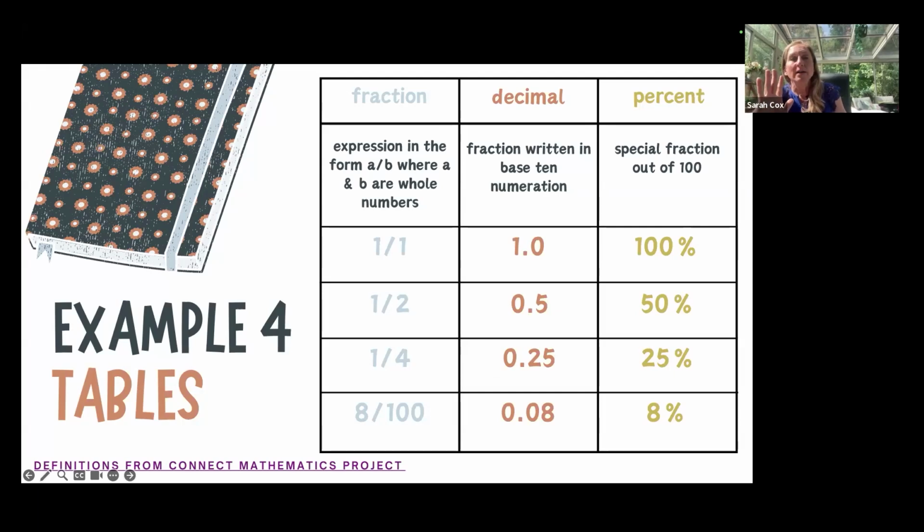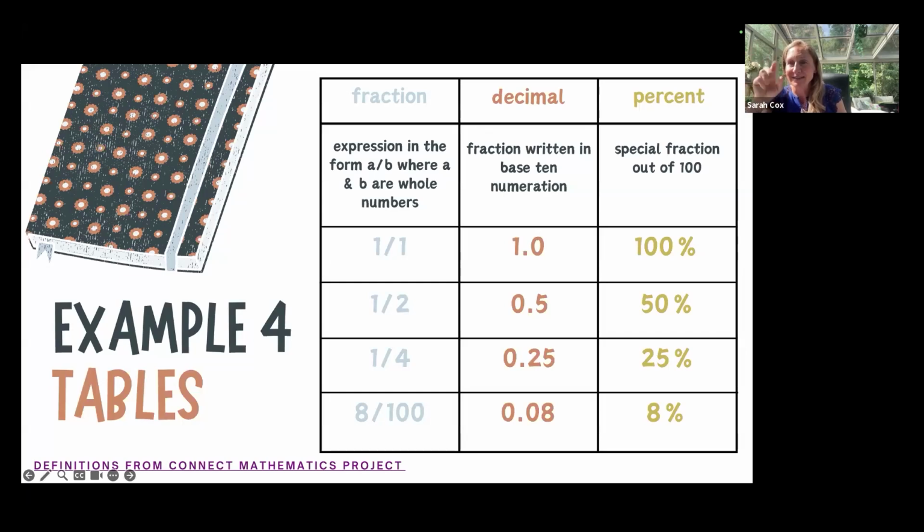So the official definition of a fraction is an expression in the form of A over B, where A and B are whole numbers. The relationship to decimals is that we now have a fraction that is written in base 10 numeration.